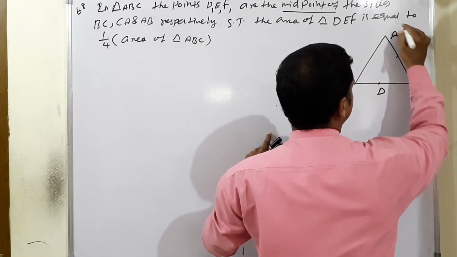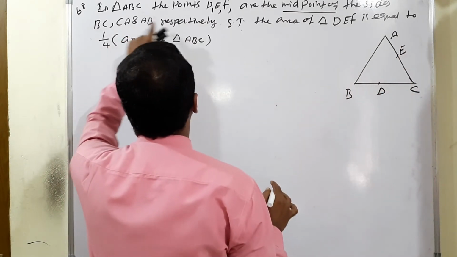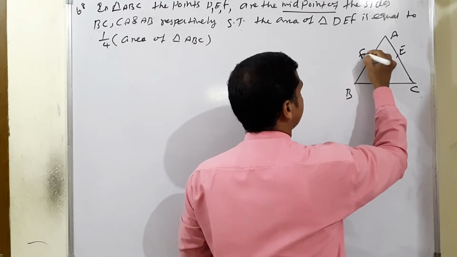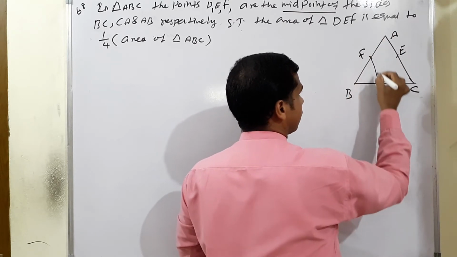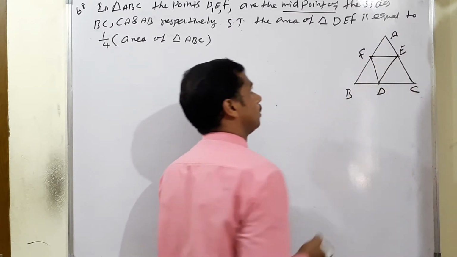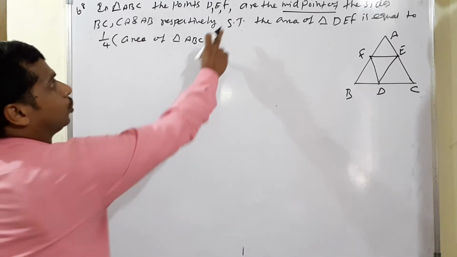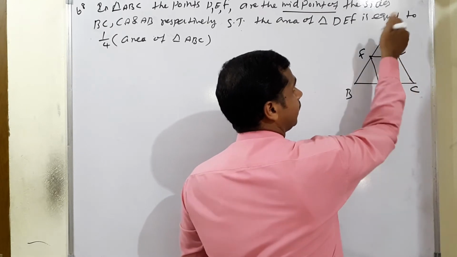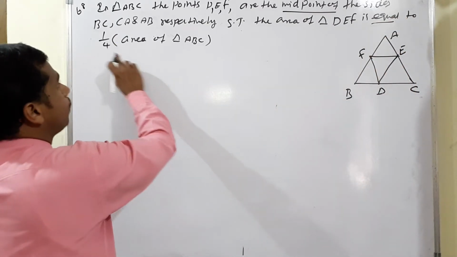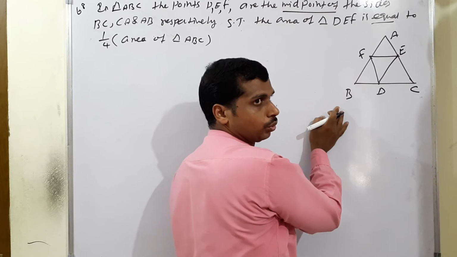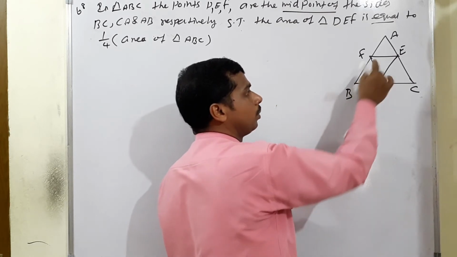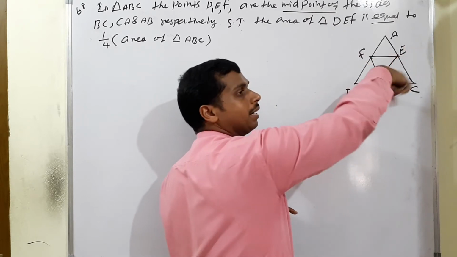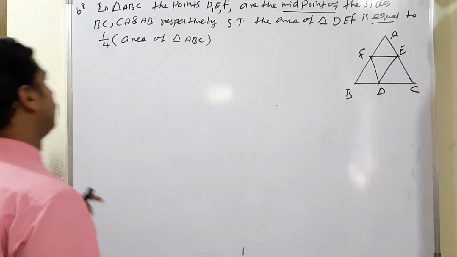Last one, F is the midpoint of AB. Inside, one triangle will come. This is one of the conditions. Show that the area of triangle DEF, that small triangle, is equal to 1/4 into the bigger triangle ABC. We have to show this condition.